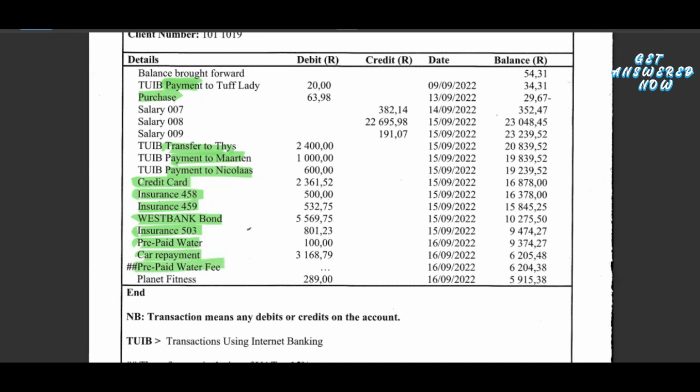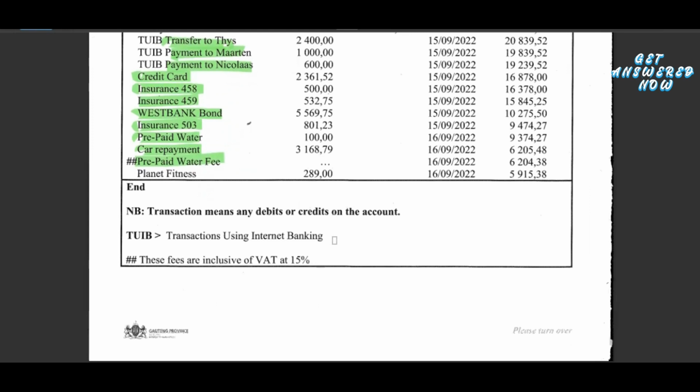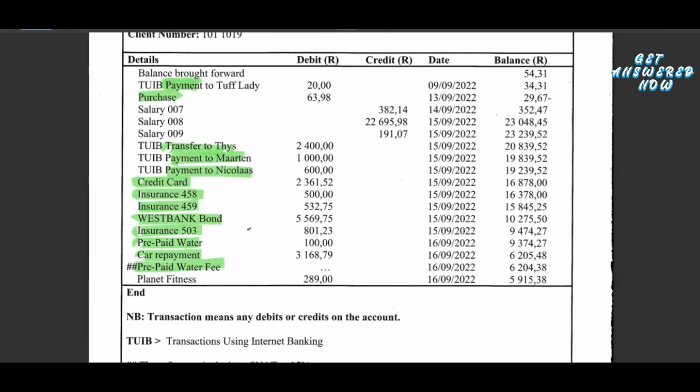So here we have the transactions: 1, 2, 3, 4, 5, 6, 7, 8, 9, 10, 11, 12, 13. Yeah, 13 transactions.